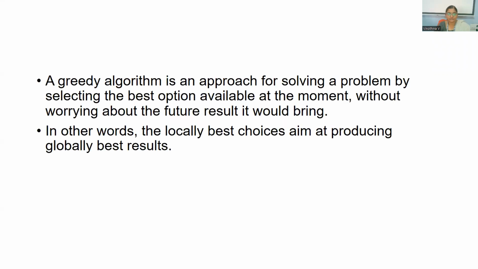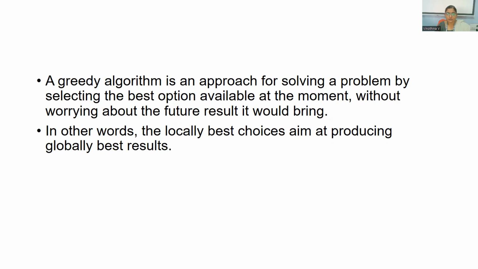What is greedy method? Greedy method or greedy algorithm is an approach for solving a problem by selecting the best option available at the moment, without worrying about the future result or future outcome the algorithm brings.